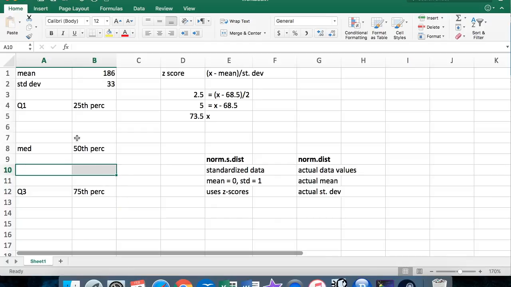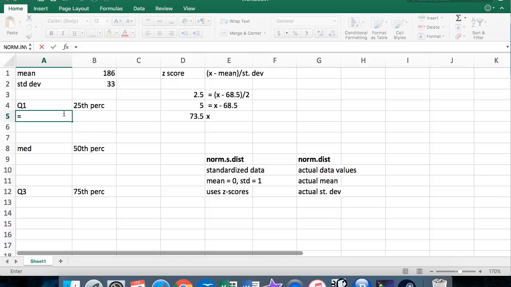Alright, so finding our Q1 is the 25th percentile, which means we want to find the data value that separates the bottom 25%. So that's simply going to be norm.inverse. Remember we want the actual data value, so we have to use inverse. If we wanted the z-score, we would use norm.s.inverse, but we want the actual data value. Okay, now probability, if it's the 25th percentile, it's going to be 0.25.